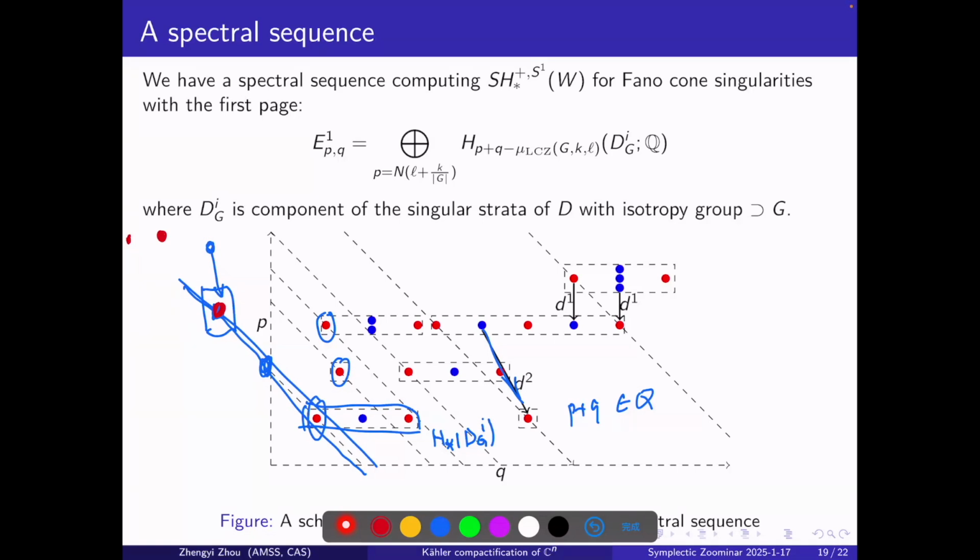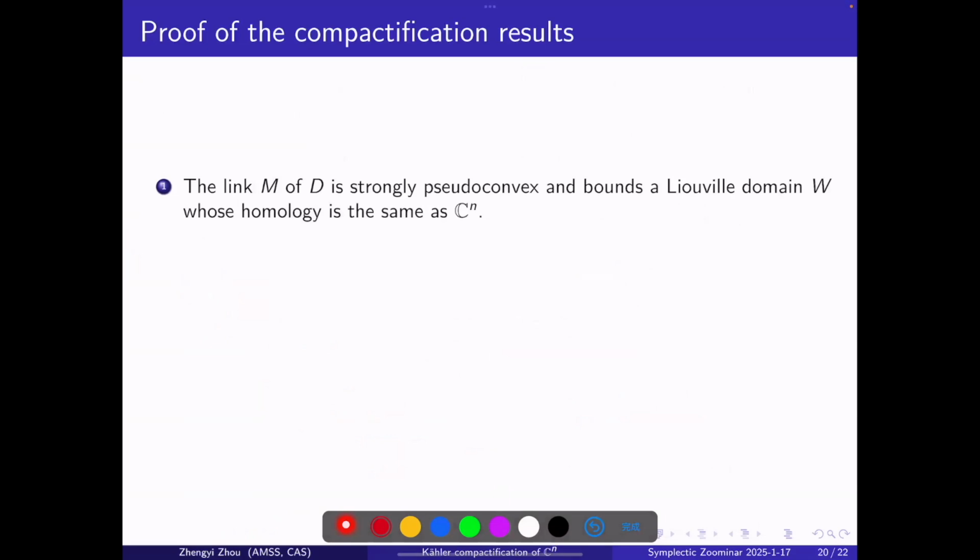Let's see how we assemble this back into our geometric question, which is compactification of Cn. We start with the situation where you have your Cn, and you have a compactification, and here is your D. And then you have a boundary of a neighborhood, which is this N. And you can show that this N is strongly pseudo-convex, a Levi-convex hypersurface.